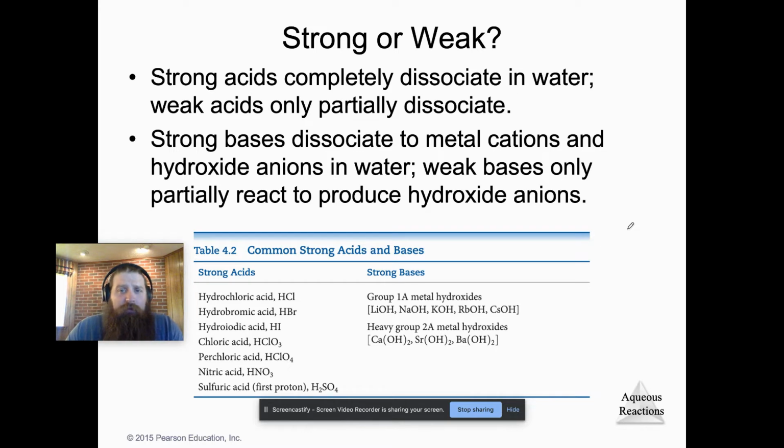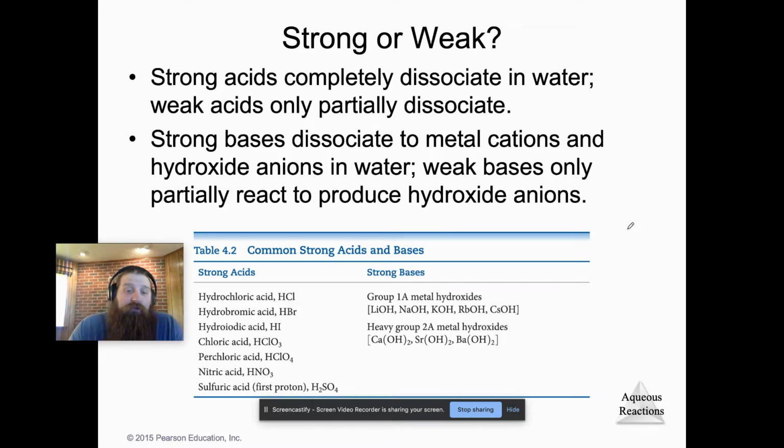So something that we can kind of tag together there, a strong acid is going to completely dissociate in water. Weak acids only partially dissociate, okay? Strong bases are going to completely dissociate into their metal cation and their hydroxide anion. Weak bases, not really going to do that. They're just going to partially dissociate, okay? You guys want to know the strong acids and the strong bases. If you know the strong ones, the weak ones are everybody else.